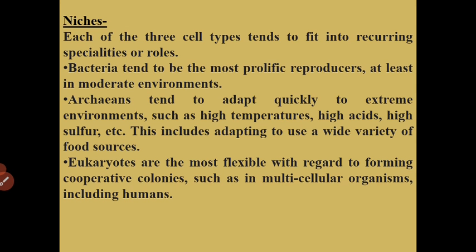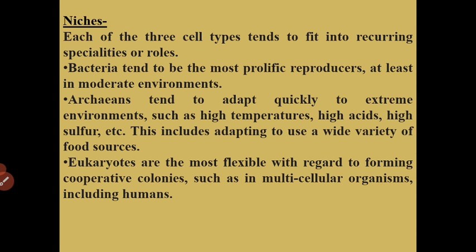Niches. Now niches with respect to biology means the way an organism fits into an ecological community or ecosystem. Let's see how. Now each of the 3 cell types tends to fit into recurring specialities or roles. First, bacteria tend to be the most prolific reproducers, at least in moderate environments. Next is archaeans.